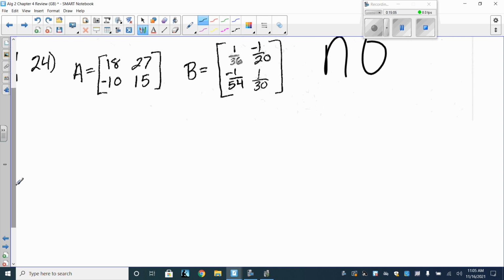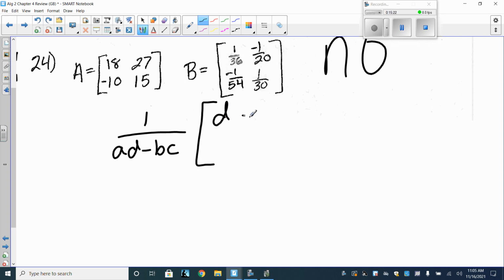But let's go on and actually find the inverse of matrix A for this one, because we'll need to look at those also. Now to find the inverse, it's 1 over AD minus BC times the matrix D, negative B, negative C, A is the formula.